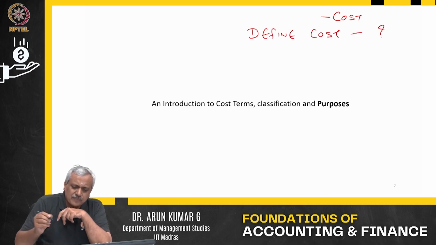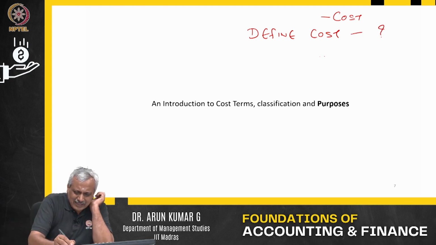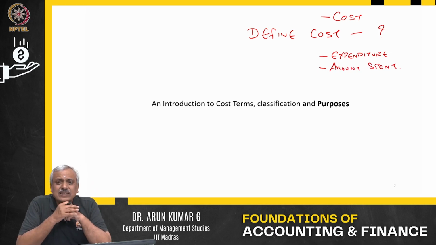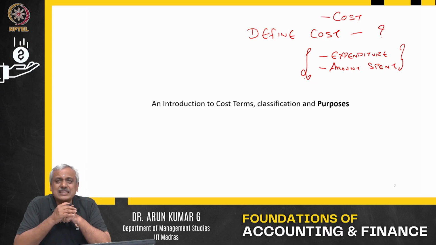Normally, what I have heard, people would say, sir, cost is nothing but the amount of expenditure, or they would say the amount spent is what we call cost. The expenditure means the amount spent is the cost. Am I right in defining cost? Well, yes and no. Let me take an example.